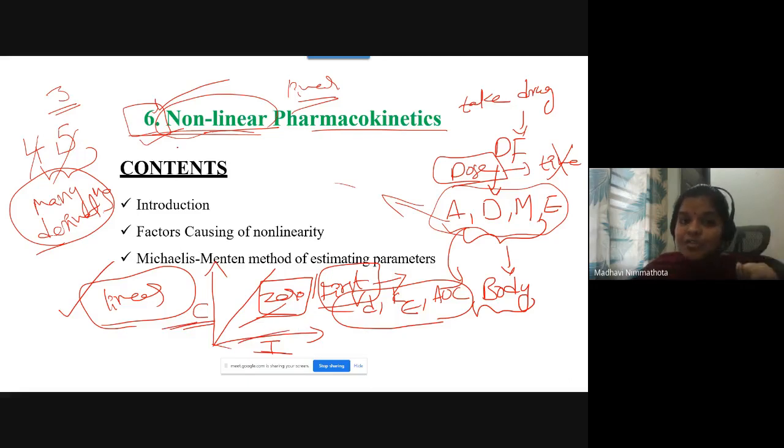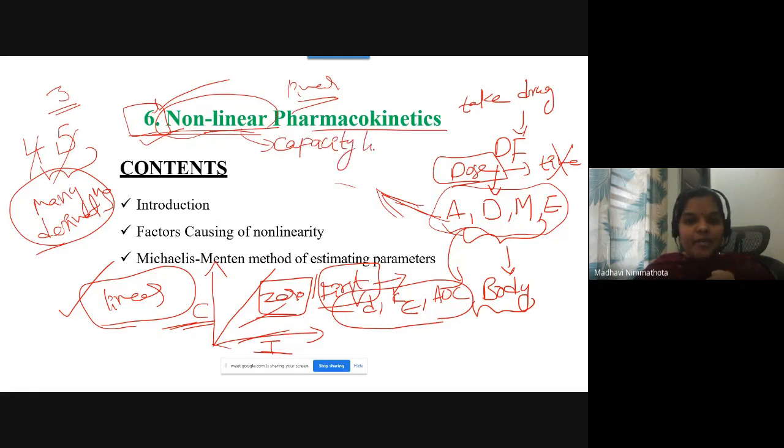But in case of non-linearity, any one of the ADME phenomena may become saturable, or there may be fluctuations in distribution or metabolism pathways. Few drugs undergo such kinetics. Those are called non-linear pharmacokinetics, and these are also called capacity limited kinetics.